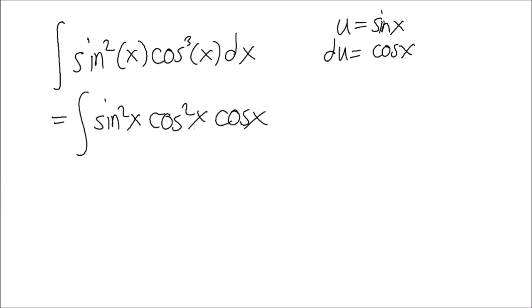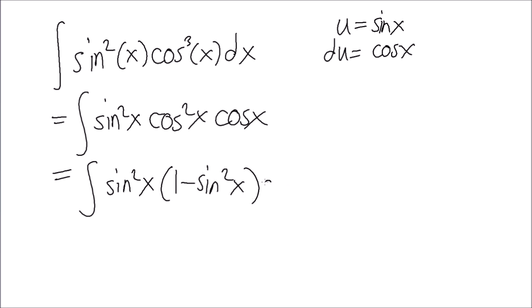And with this cosine square, this equals 1 minus sine square, right? Sine square, 1 minus sine square, and then cosine x. Okay, and then it's u substitution here.